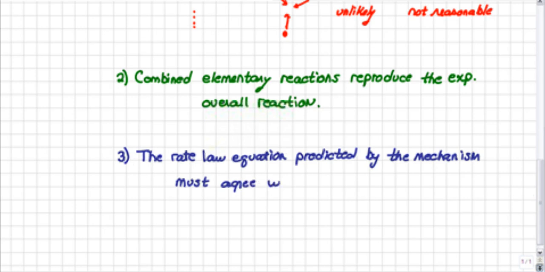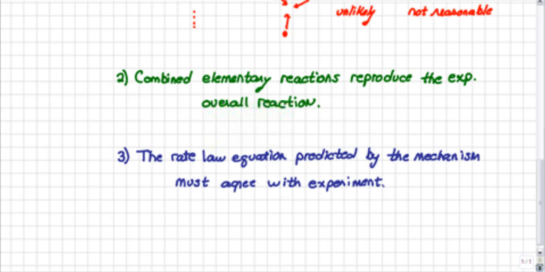All mechanisms actually can be manipulated in a way so as to give us what they predict is the rate law equation. If the mechanism's correct, if we really understand what's going on behind the scenes in the reaction, and we've got the steps correct, then the rate law equation predicted by the mechanism has to agree with the experimentally observed rate law, and if it doesn't, something's got to be wrong.